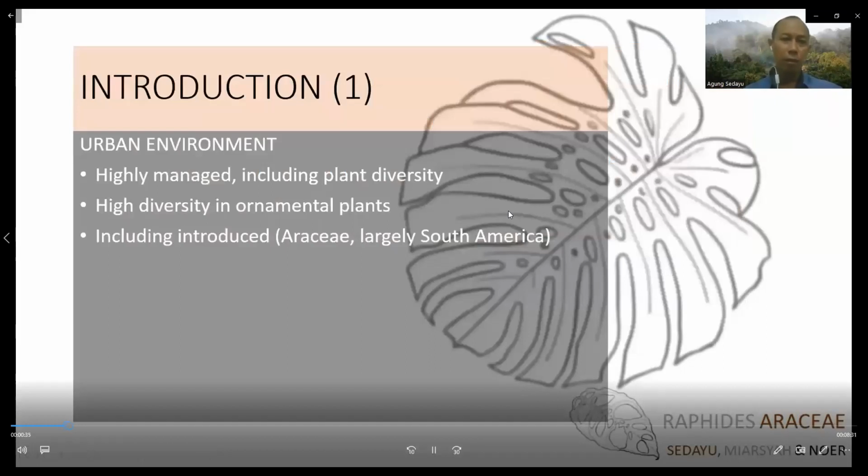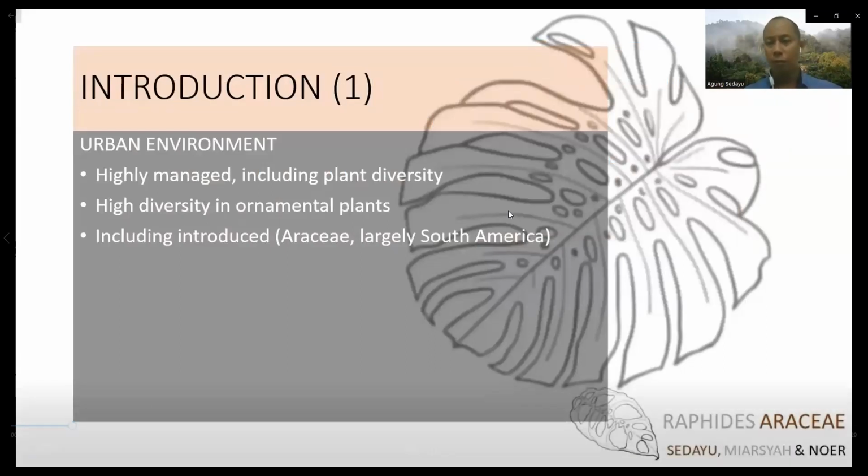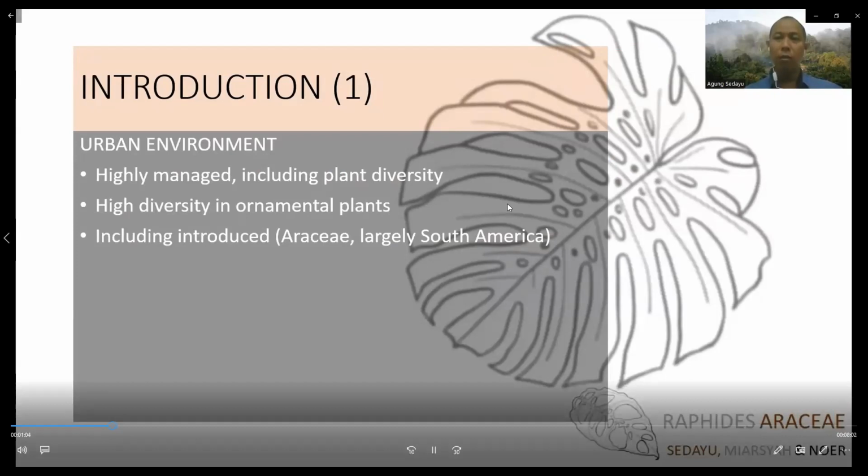As we understand, in an urban environment such as metropolitan Jakarta, the species that live in Jakarta, that is the urban biodiversity, are highly managed by humans, including the plant diversity. So it is like humans decide which species live in Jakarta and which species cannot live in Jakarta.